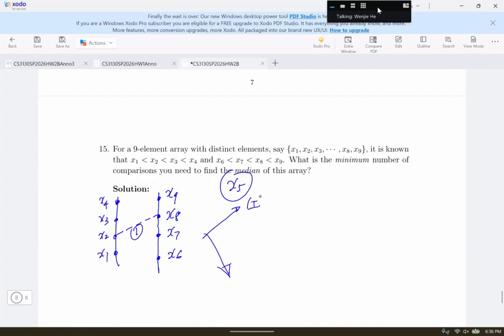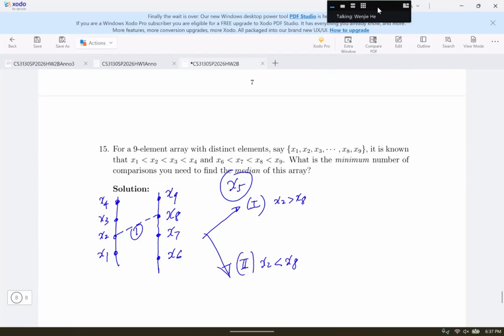Case 1, X2 greater than X8. Case 2, X2 less than X8. Okay, all right.